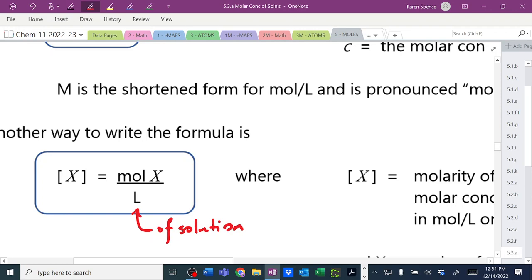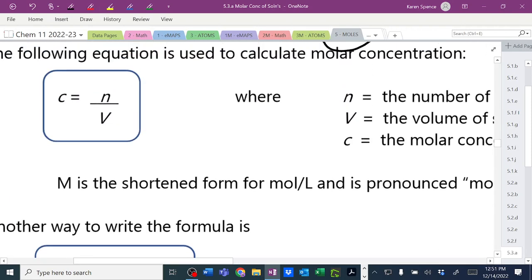Okay? The other way to write the formula, what's the other way of writing bracket X bracket? What does bracket X mean? What does X in brackets mean? Concentration. It means molar concentration of what substance X, whatever that should be.